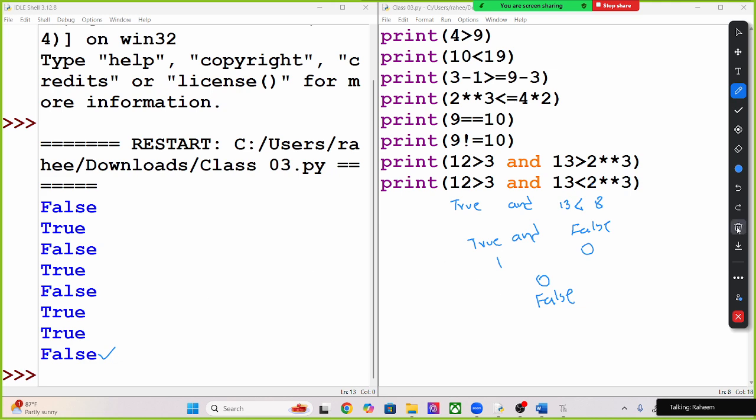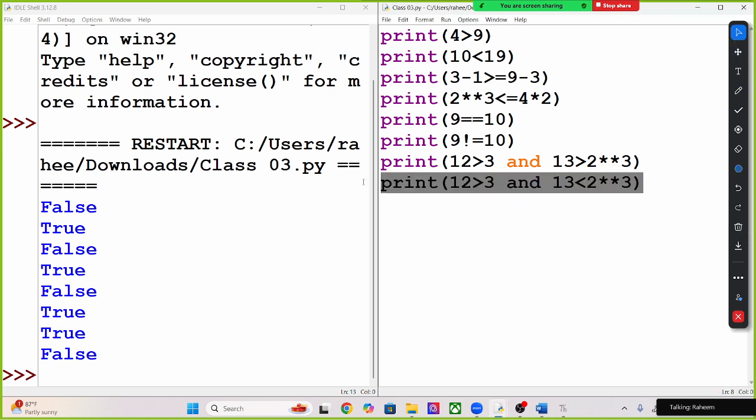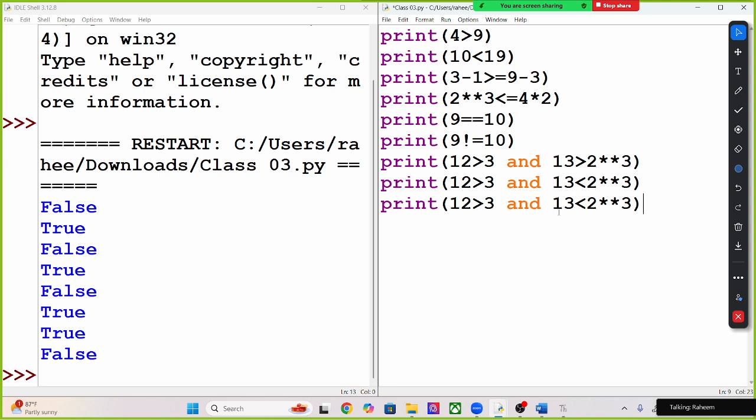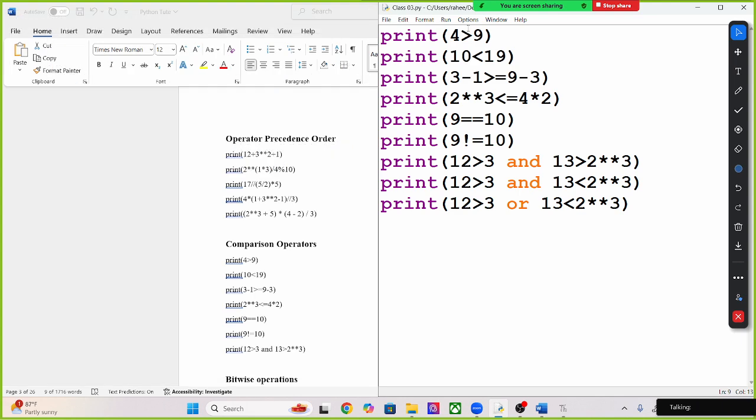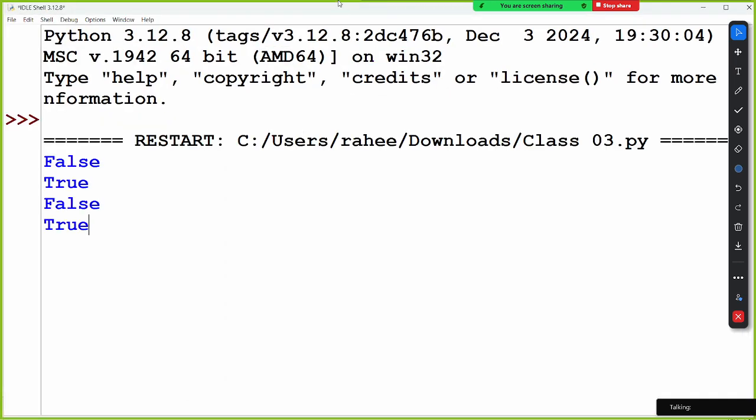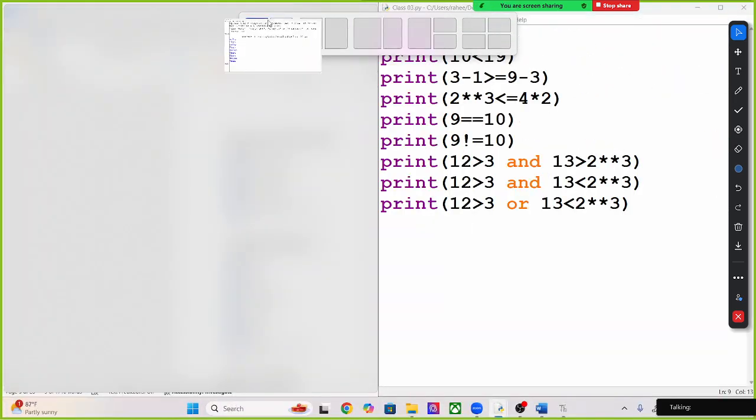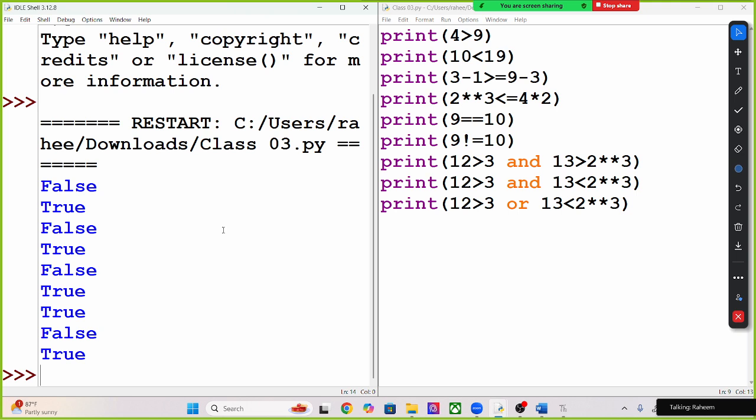Now what happens if I use OR for this one? OR is like addition, right? What could be the output? I'll run it again. Now it is true.